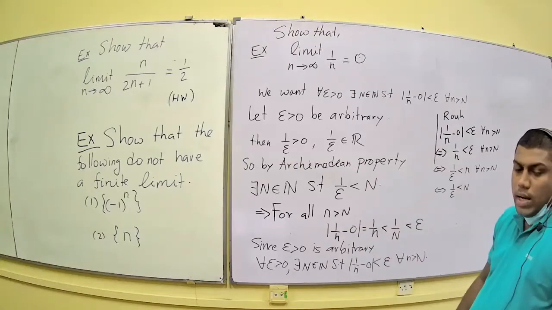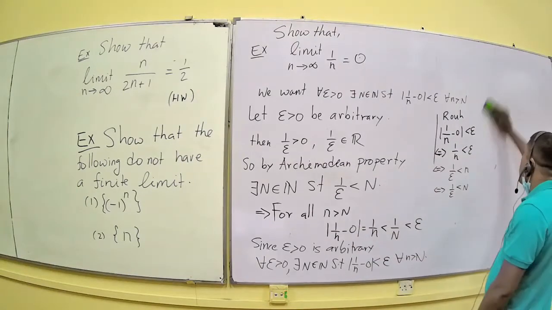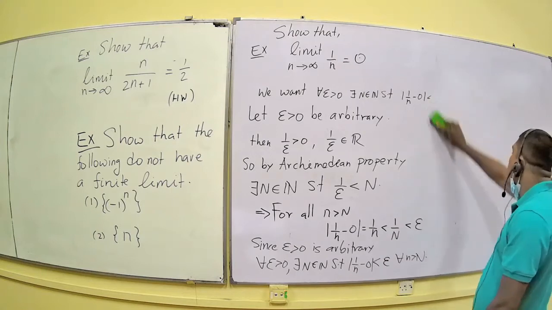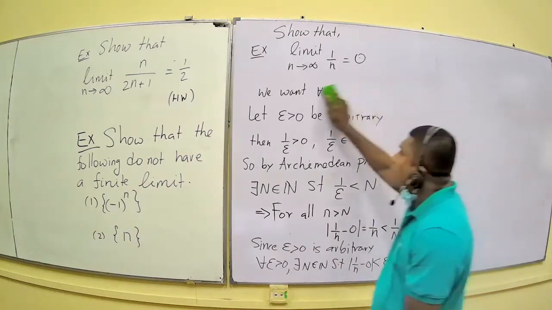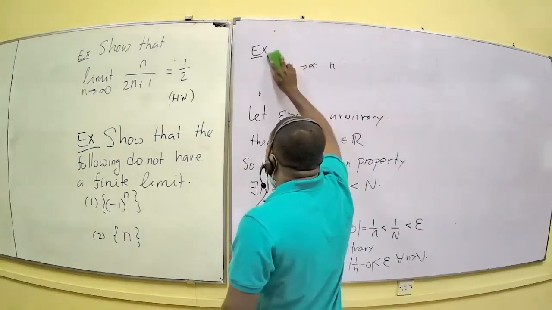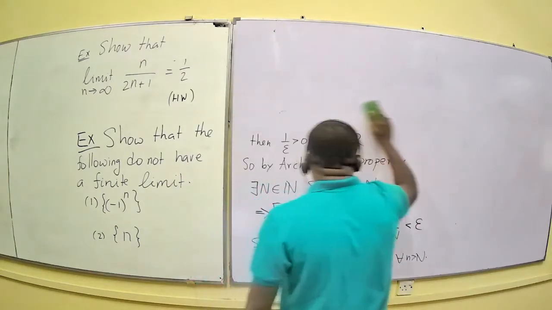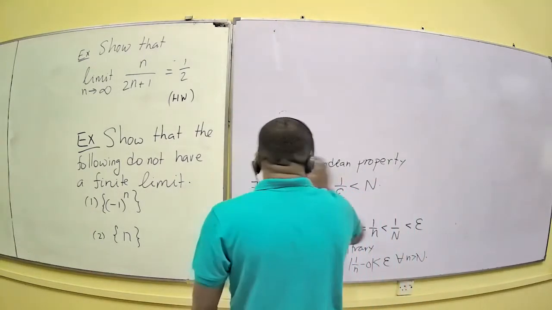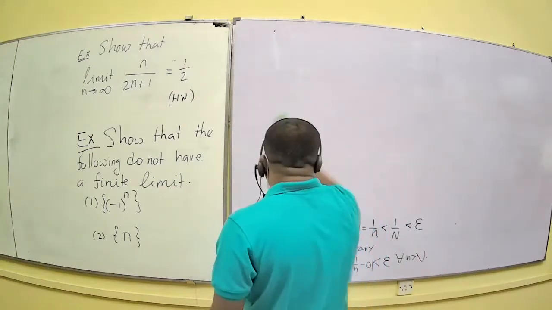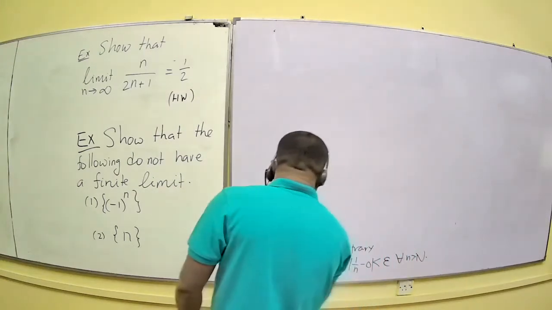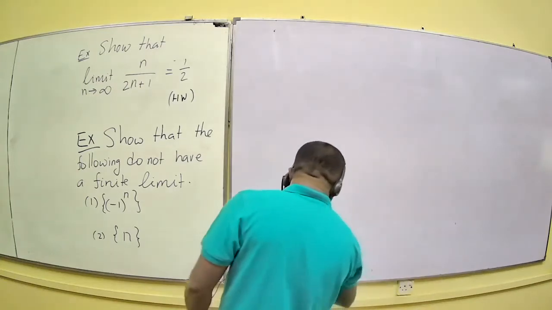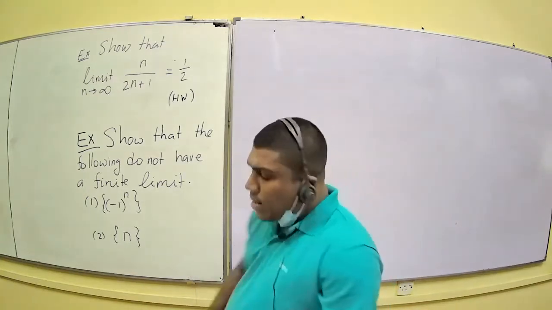So now we are going to show that these don't have a finite limit. If you want to show that something does not have a finite limit, the easiest way is to use a contradiction, right? So we assume that they have a finite limit, and then we will show that there is a contradiction, right? So that is the idea.